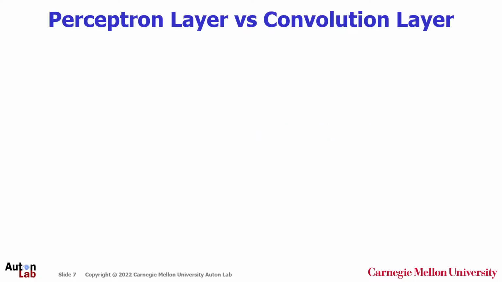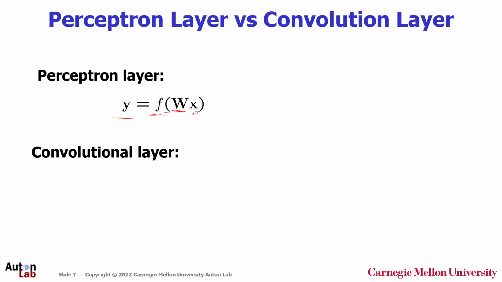In the multilayer perceptron, the layers are very simple. An input X was multiplied by a matrix W, and then we applied a nonlinear activation function F on this result, and this was the output of this layer.